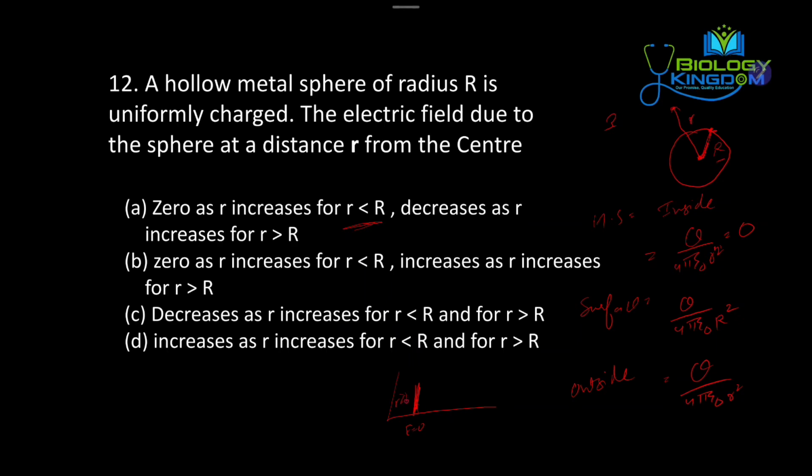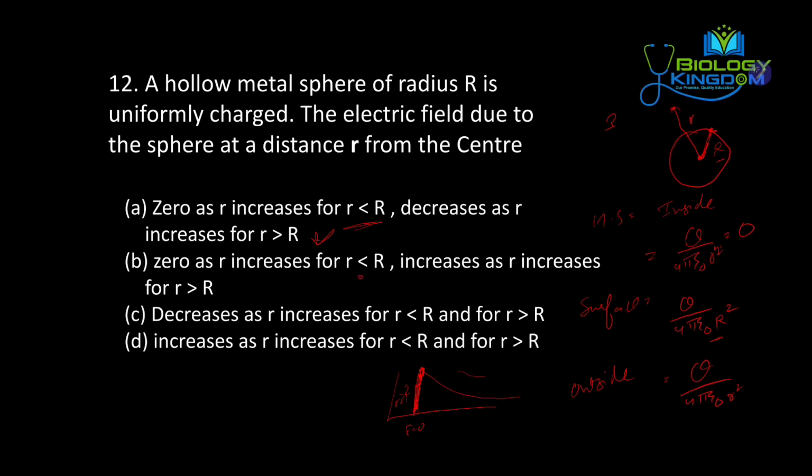At the surface it is maximum, and as we move away from the surface it starts decreasing. So the statement that it is 0 for r less than R and decreases as r increases beyond R is true, because it is obviously decreasing after r is greater than R.